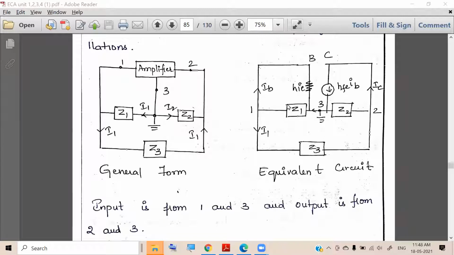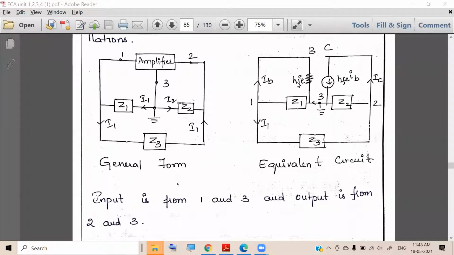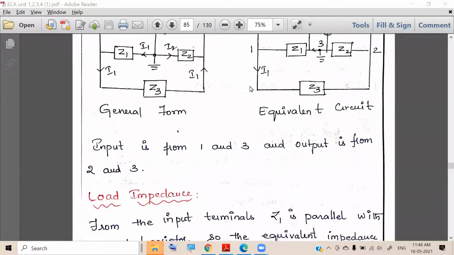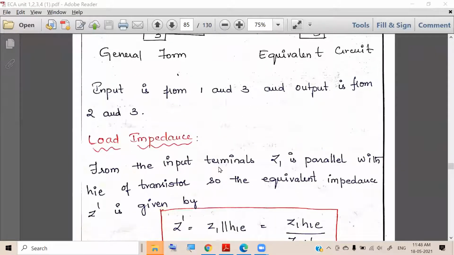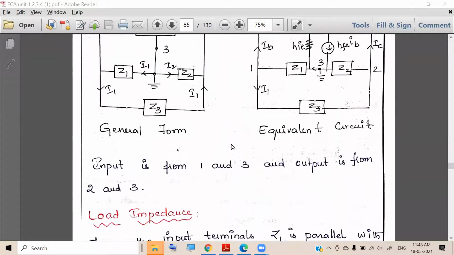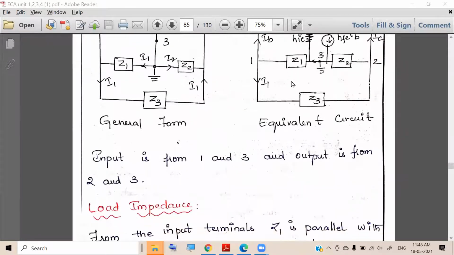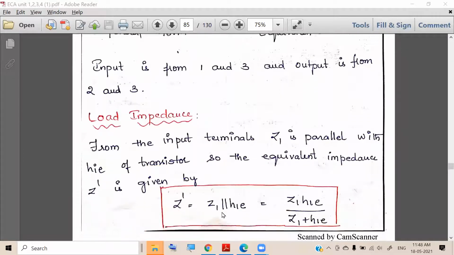So first, let us represent the parallel combination of these two by a new variable Z dash. Let us call the parallel combination of HIE and Z1 as Z dash. Two impedances in parallel, what is the formula? Z1 Z2 by Z1 plus Z2. Very famous formula, like R1 R2 by R1 plus R2 for two resistors in parallel.